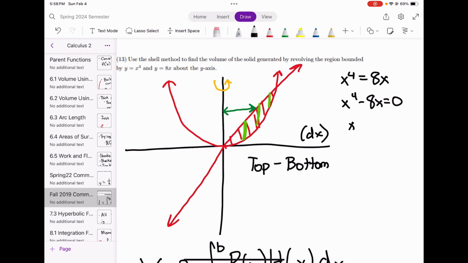Factor out x: x times x cubed minus 8 is equal to 0. So you get x is equal to 0. That's straightforward. And I'm not liking what I'm seeing here. X is equal to 2.